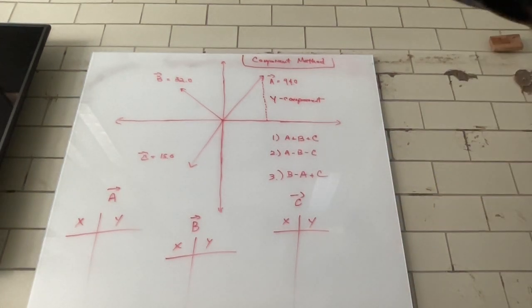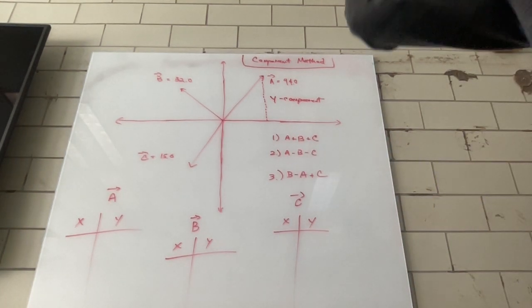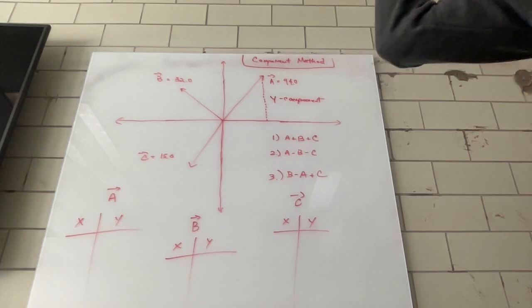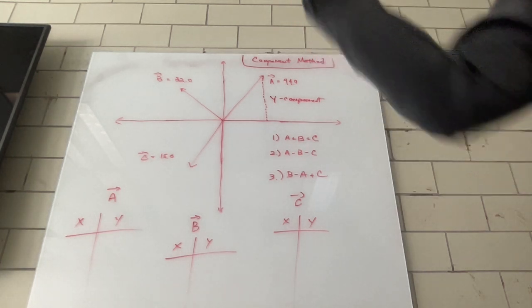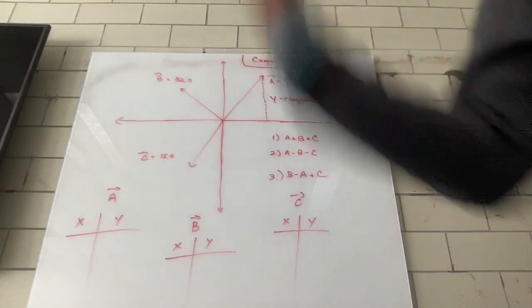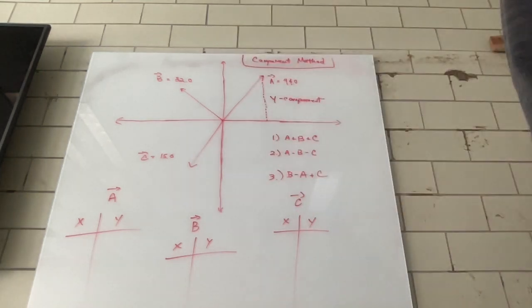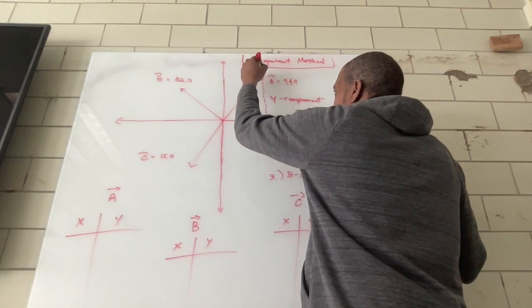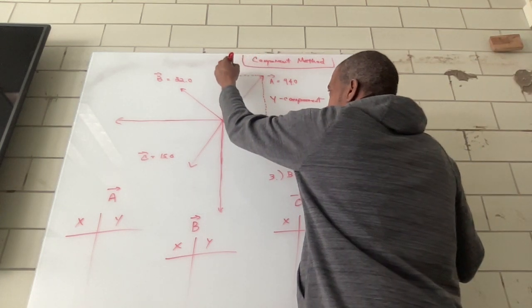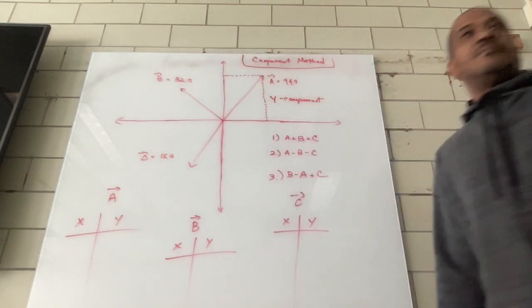Do y'all understand that that component of that vector is telling us how far the vector travels in the y direction? So if I draw another dotted line right here, what does this tell us?